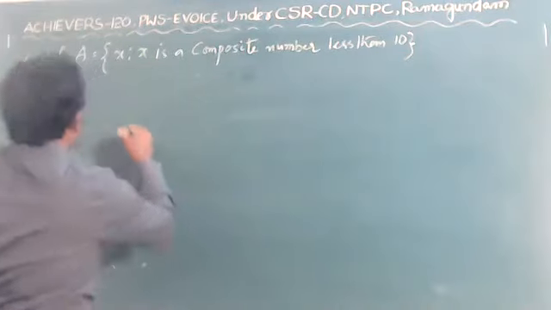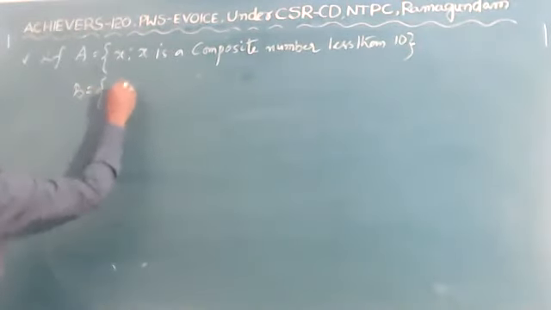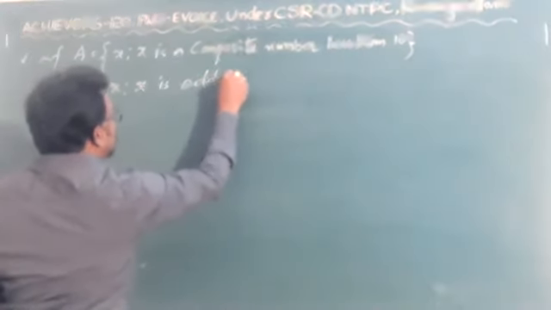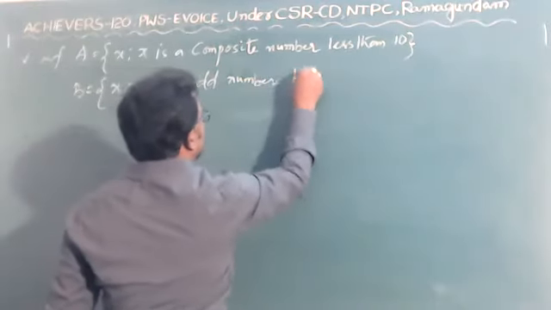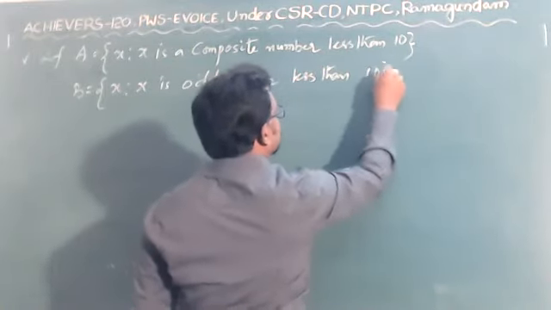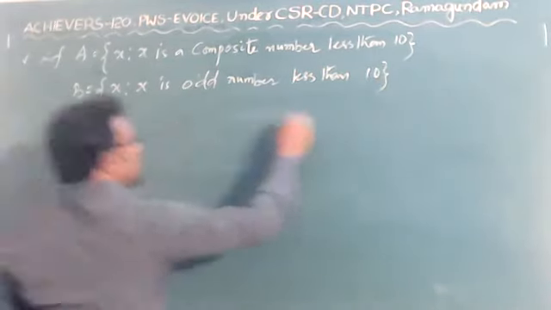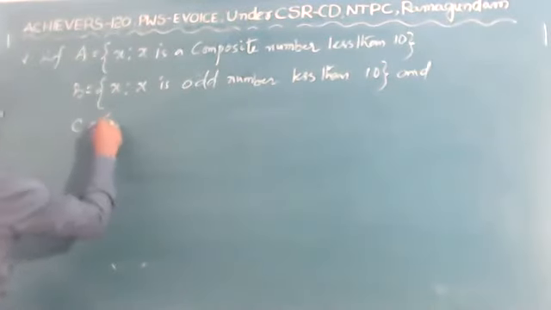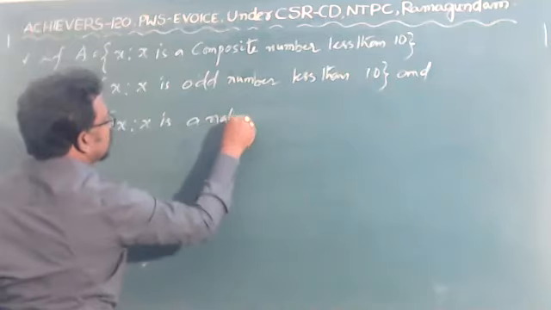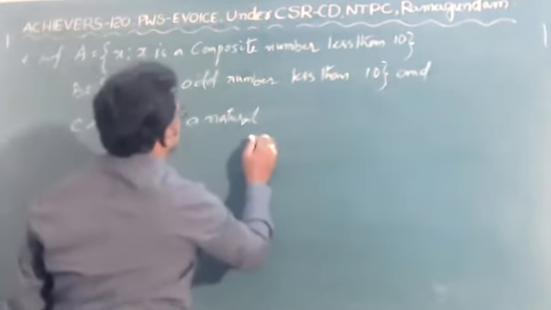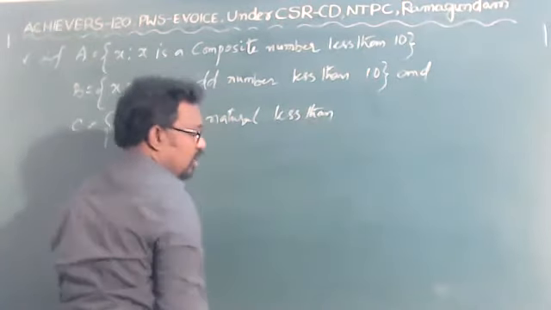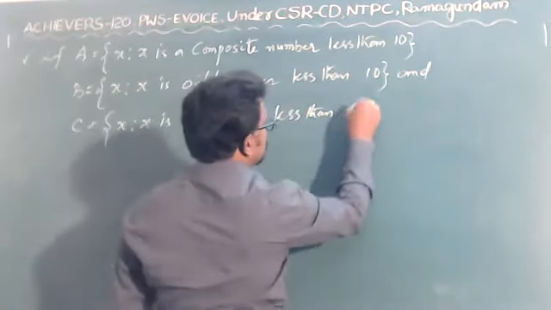B is equal to X such that X is an odd number less than 10, and C is equal to X such that X is a natural number less than 6.